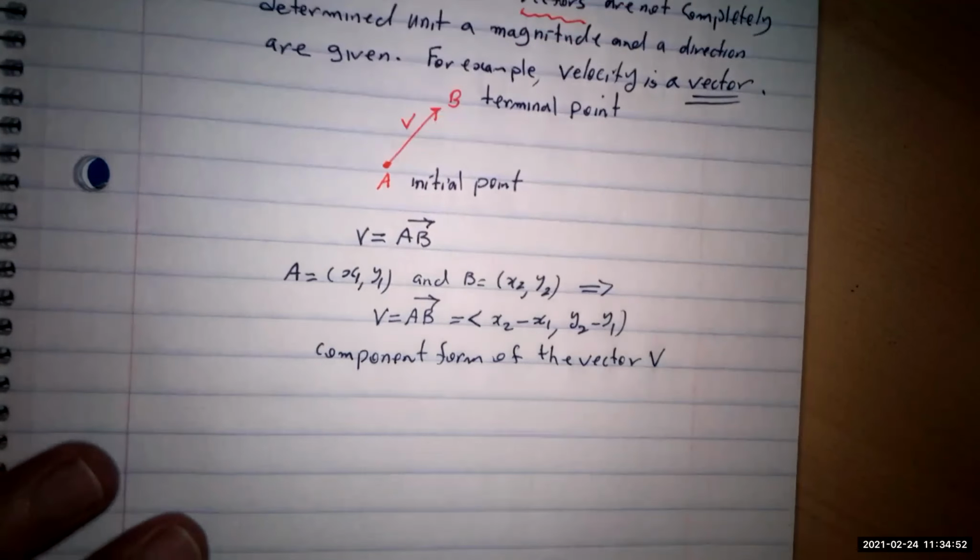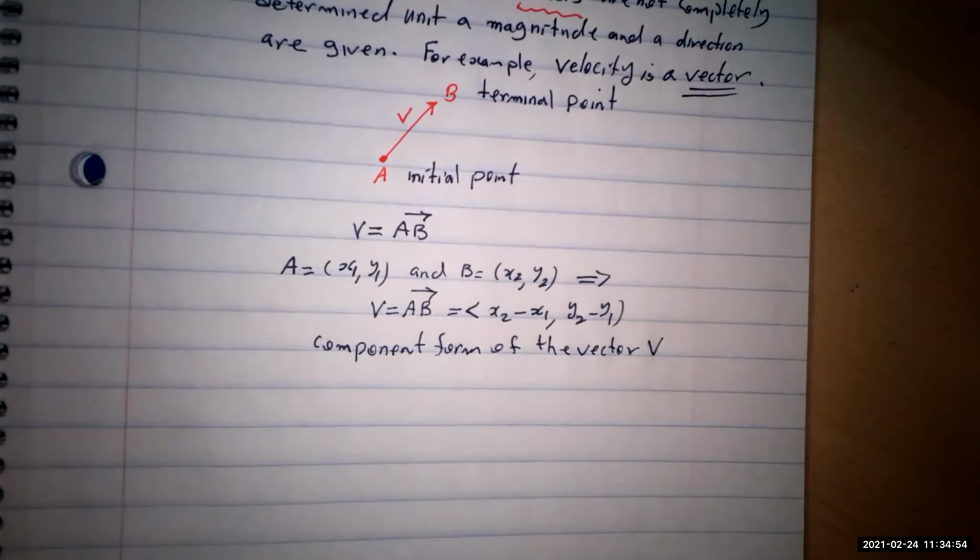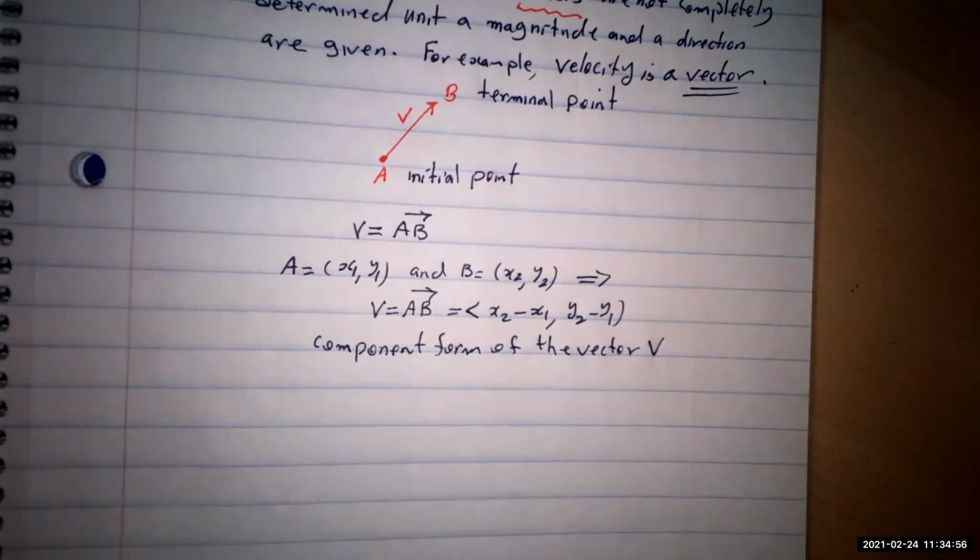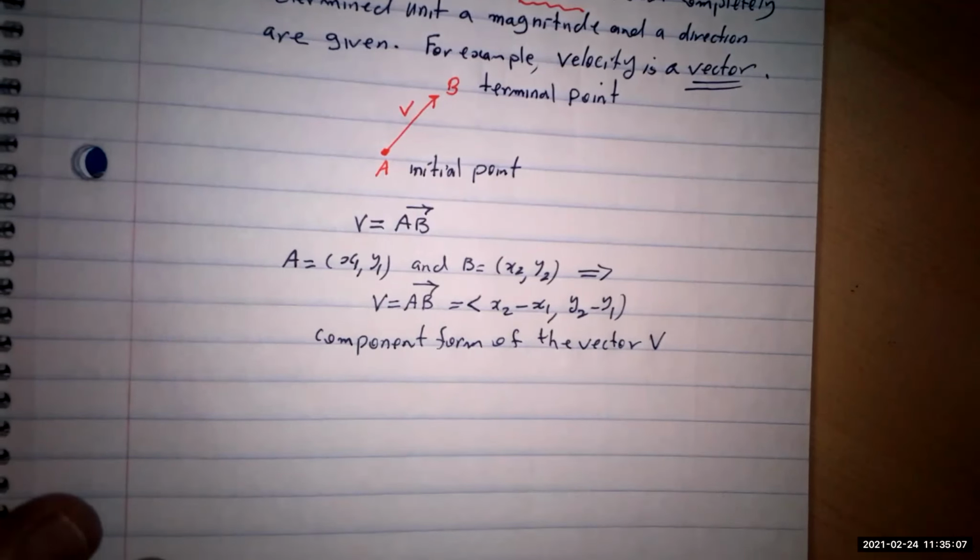Then if you have a vector, what we'd like to do is get a mathematical model. If you have numbers, we can add, subtract, and multiply. So what we'd like to do is introduce some operations.